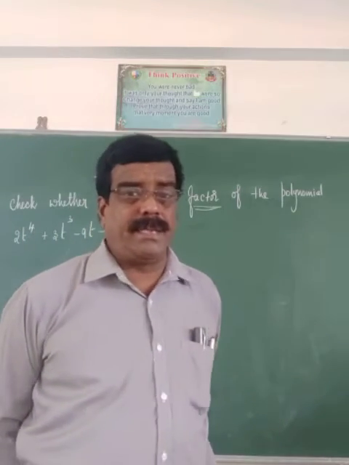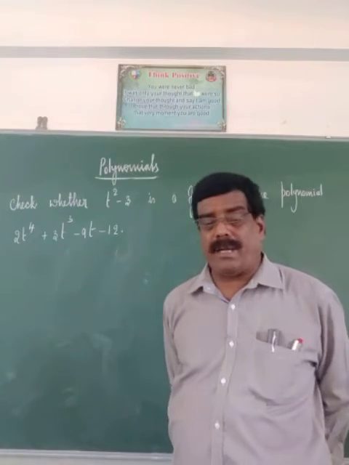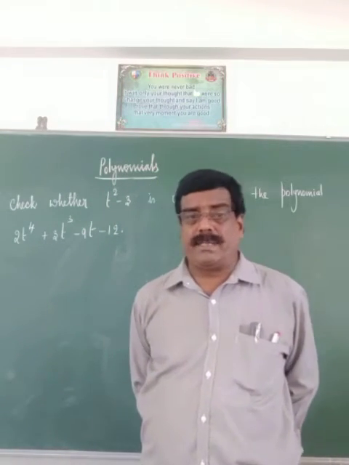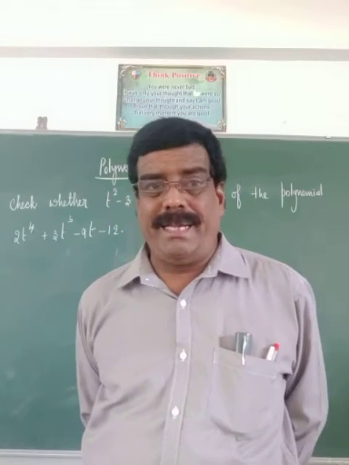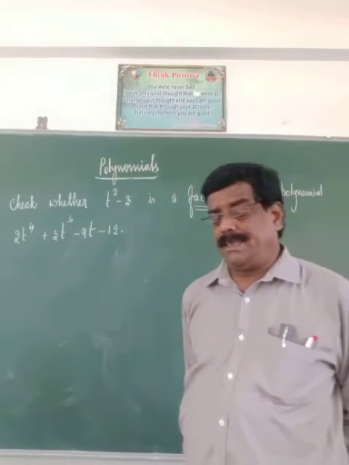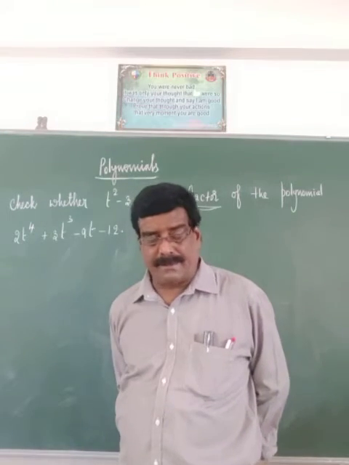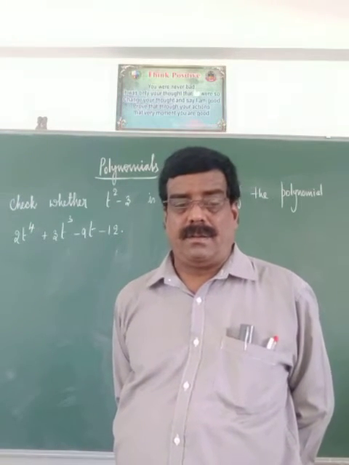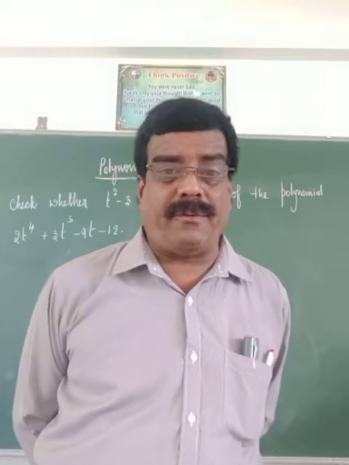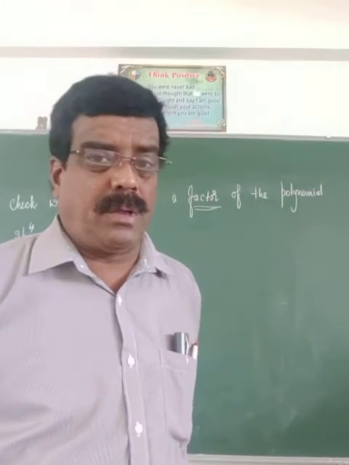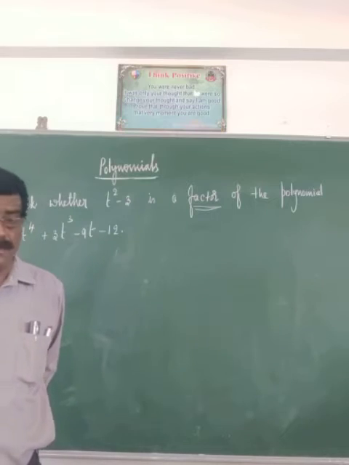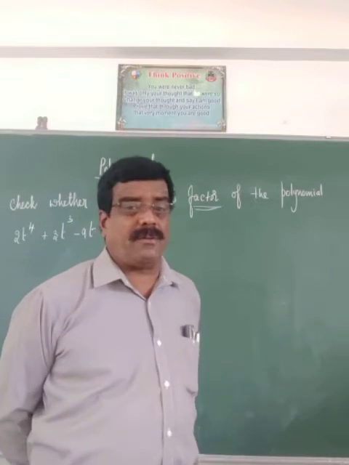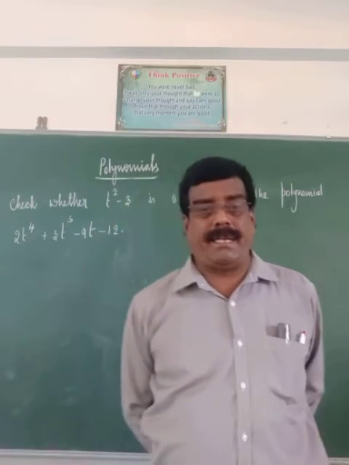Similarly, we can say 2 is a factor of 10 because 2 5s are 10, 0 is the remainder. 3 is a factor of 9, 3 3s are 9, 0 is the remainder. 5 is a factor of 45 because 5 9s are 45, 0 is the remainder. 10 is a factor of 80, 10 8s are 80, 0 is the remainder.